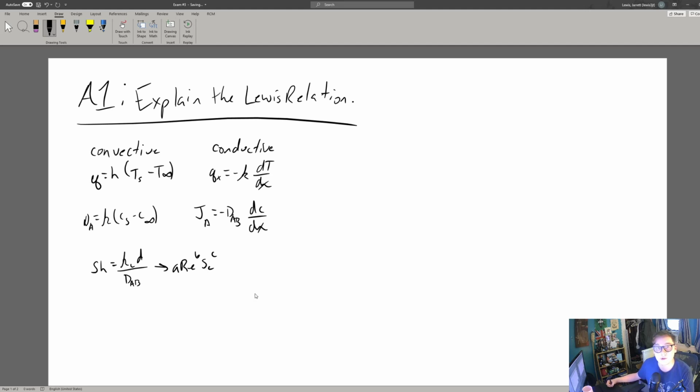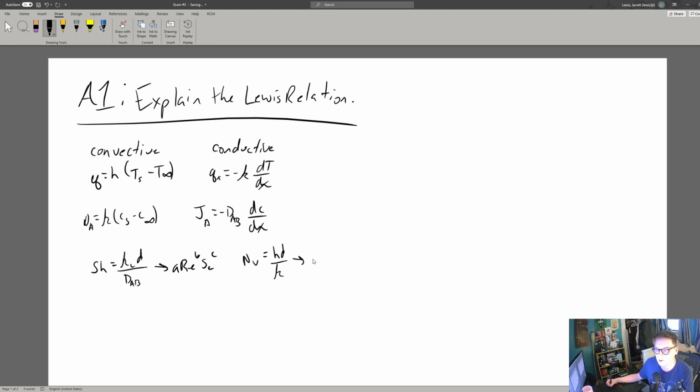And we can also do the same thing with the Nusselt number. So the Nusselt number is equal to the heat transfer coefficient times the diameter divided by the conductivity. And we can do a similar thing that we did with the Sherwood number, but instead of using the Schmidt number, we're going to use the Prandtl number.